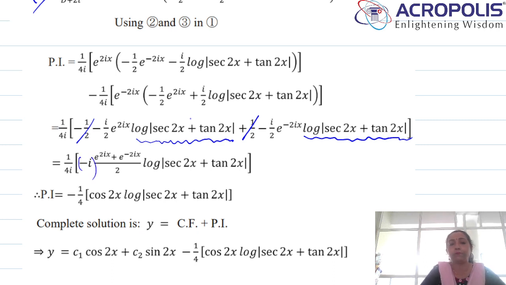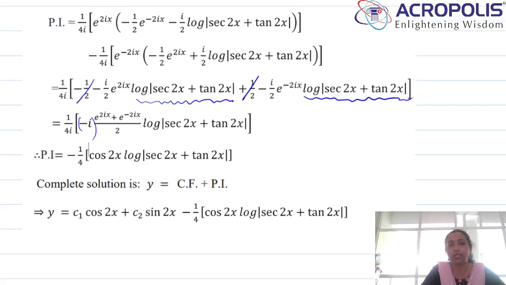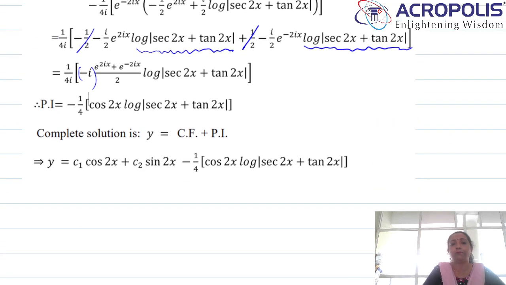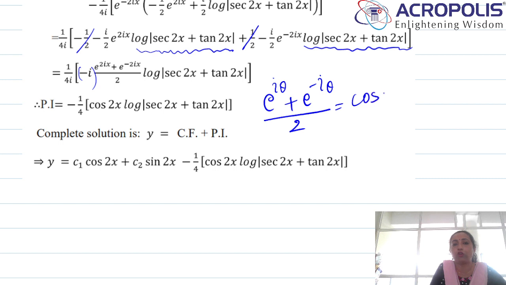Now, you know that there is another formula: e to the power i theta plus e to the power minus i theta by 2 is equal to cos theta.